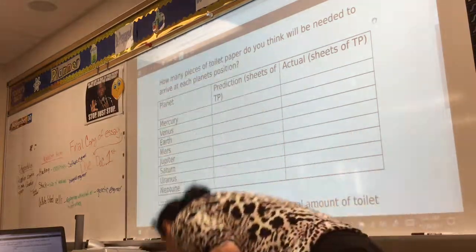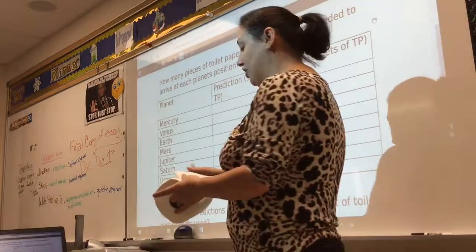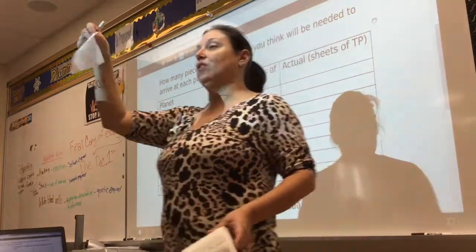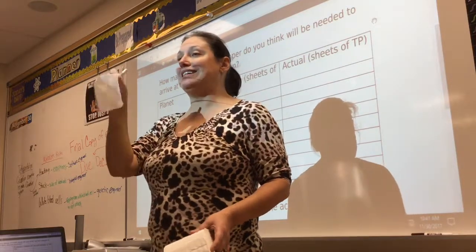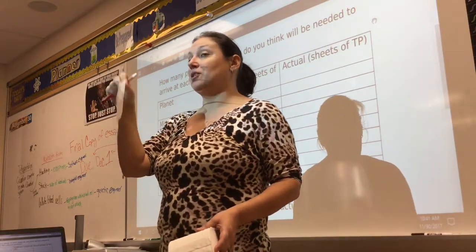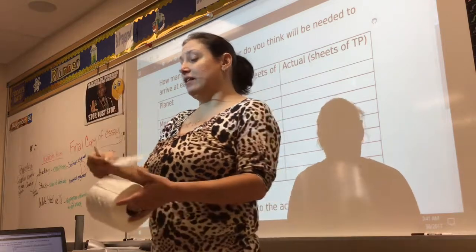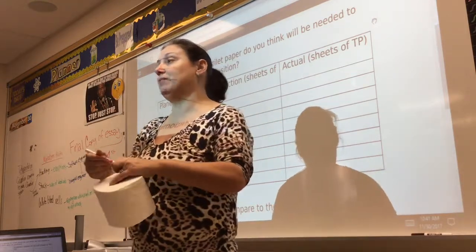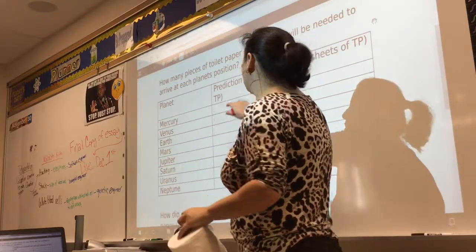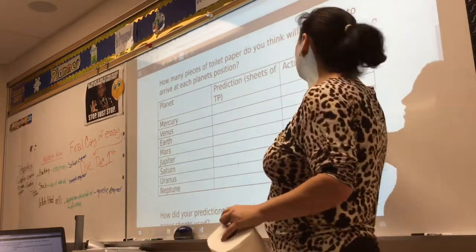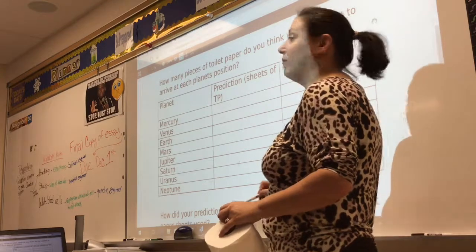All right, now listen. The first thing is this is one sheet of toilet paper, and in our model it represents about 18 million miles, okay? So I'm going to give you the answer to number one. For Mercury, the distance between the sun and Mercury, we're going to use 2 sheets of toilet paper.